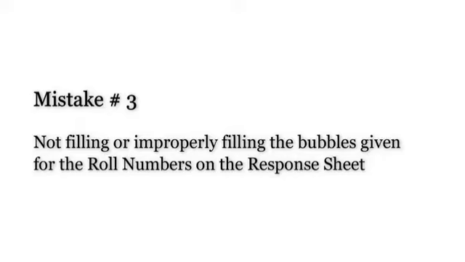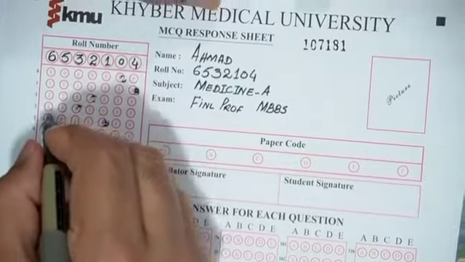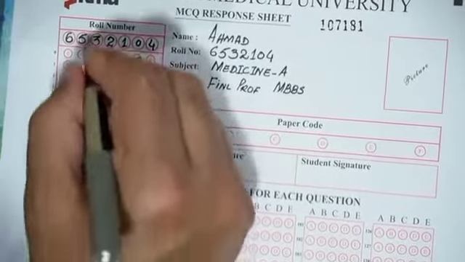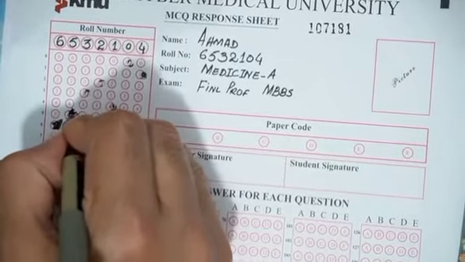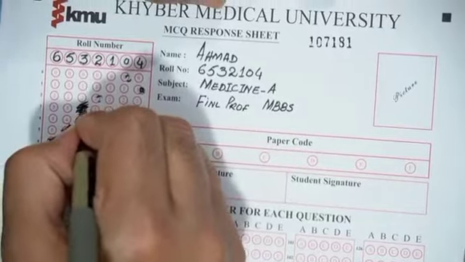In this case, the students write a roll number on the response sheet but don't fill, or wrongly fill, or improperly fill the bubbles given for the roll number on the response sheet.